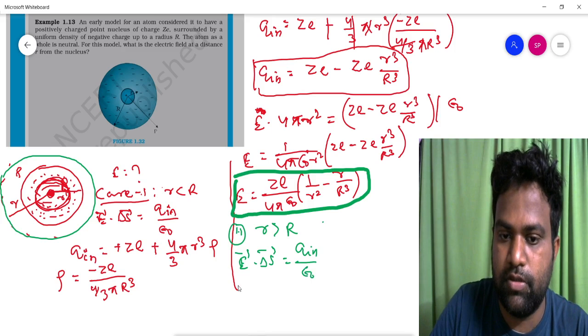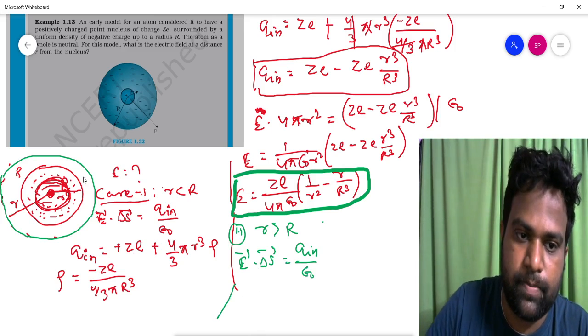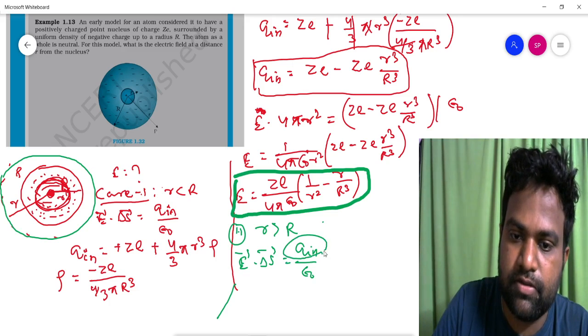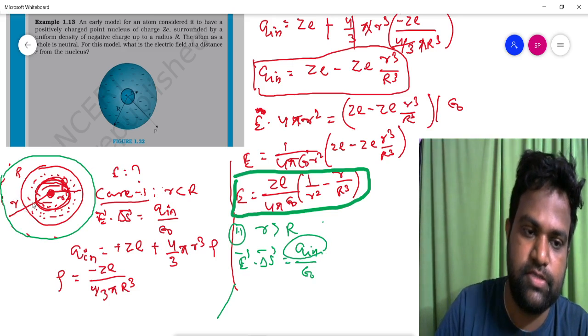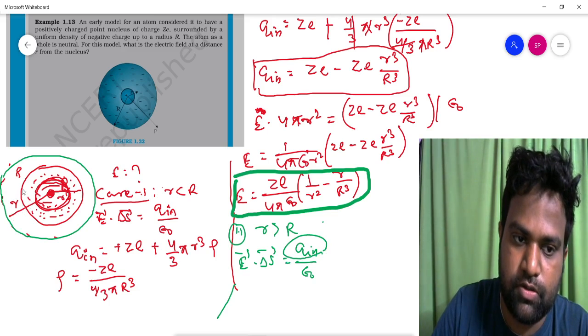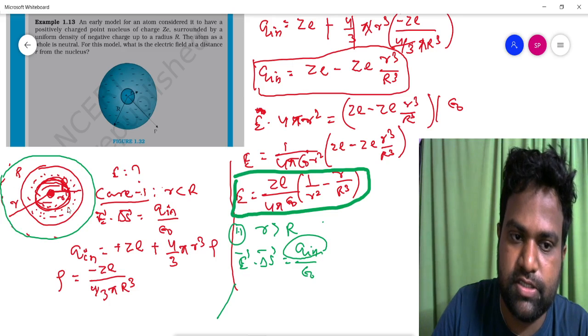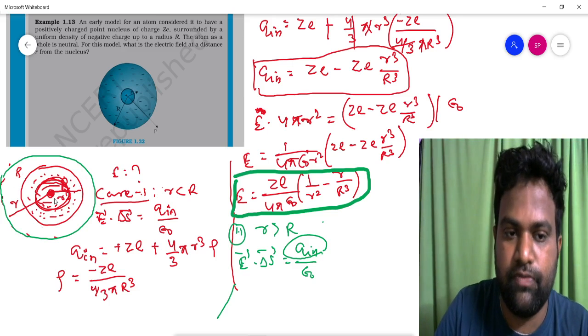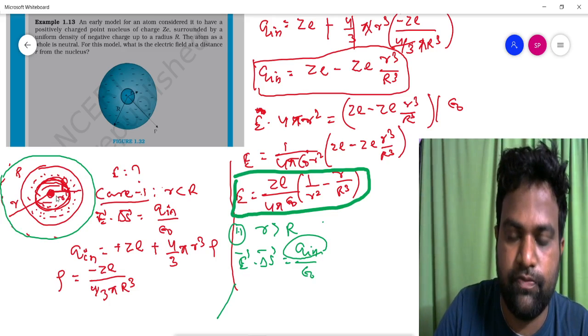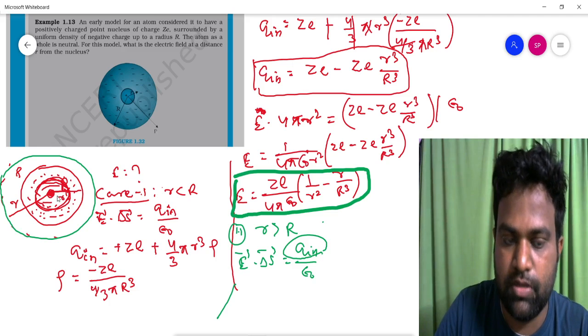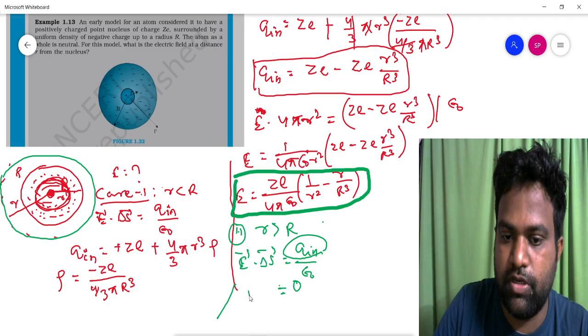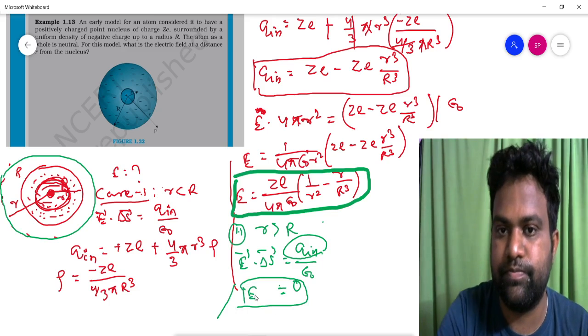E dot delta S is fine, but Q inside for this Gaussian surface of radius small r includes all the charges inside the atom, that means the number of negative charges and the number of positive charges, those are equal in an atom. So you can write that the net charge inside is 0, so your electric field will also be 0 for r greater than R for an atom.